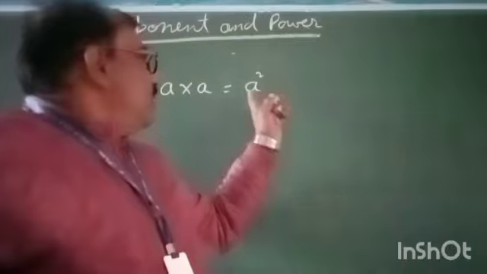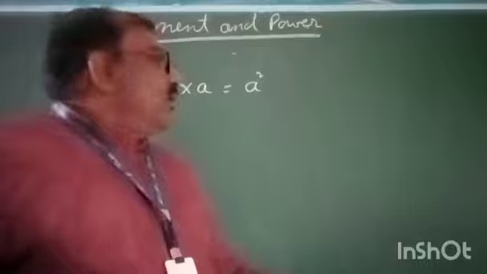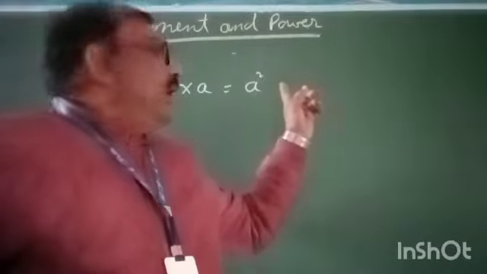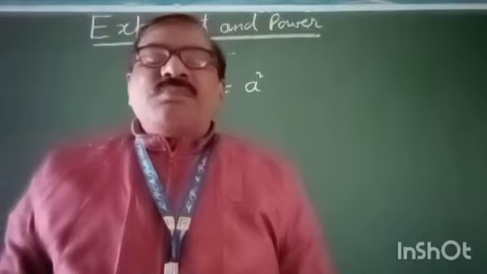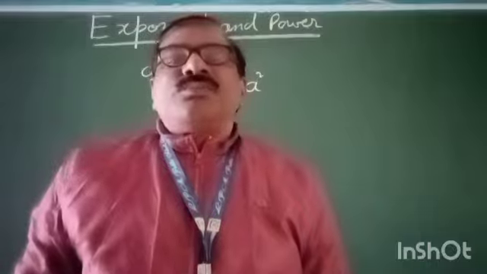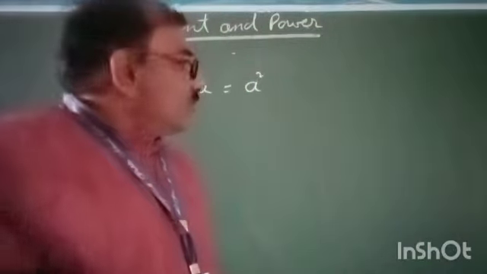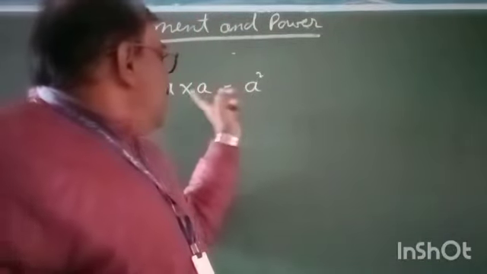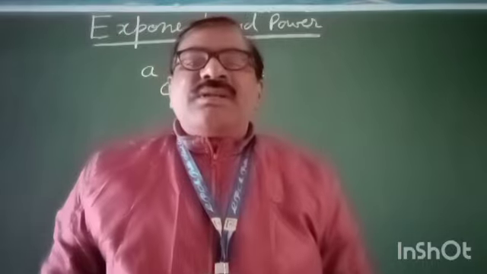Here a is called base and 2 is called exponent or power, and a multiply a is the exponential form.